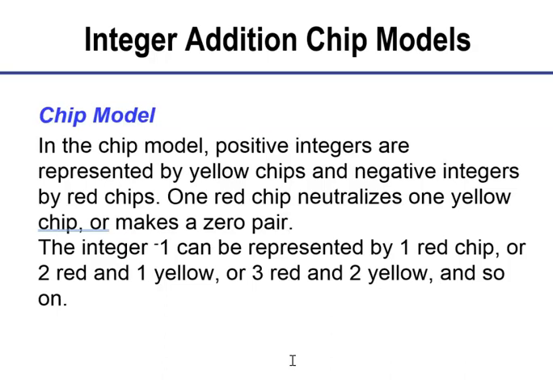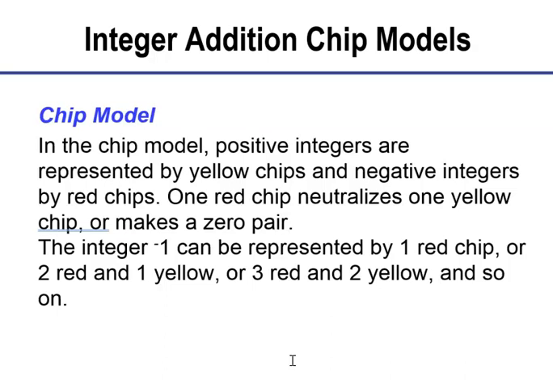One red chip neutralizes one yellow chip or makes a 0 pair. Makes sense, right? The integer negative 1, or the opposite of 1, can be represented by one red chip, or 2 red and 1 yellow, or 3 red and 2 yellow. Again, remember, picture this.